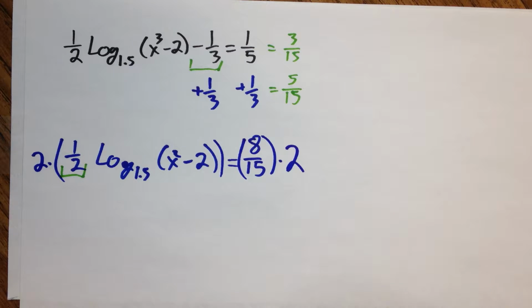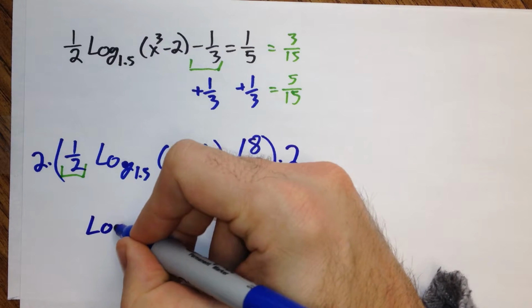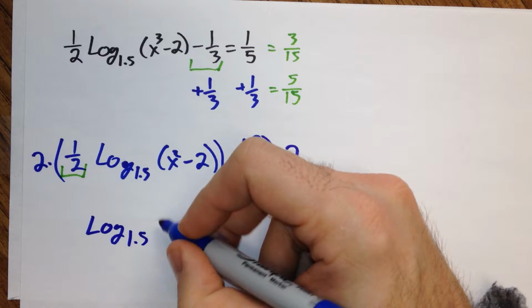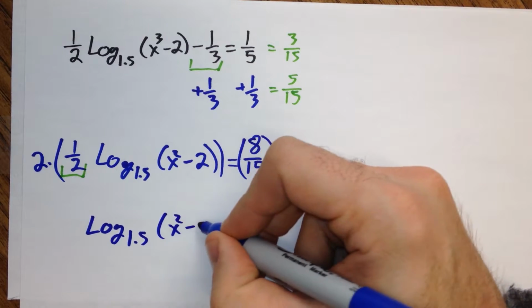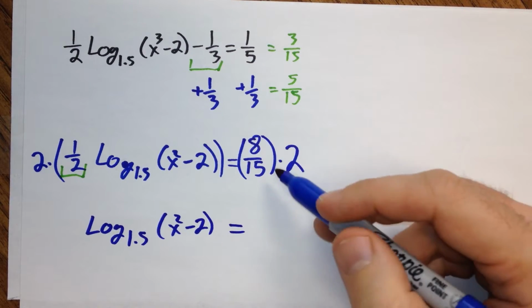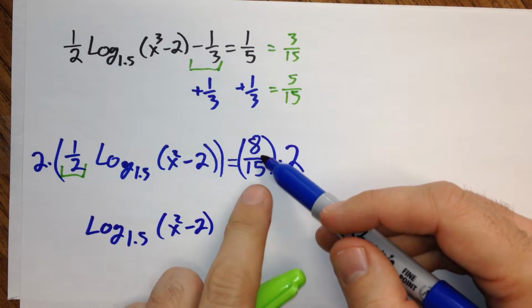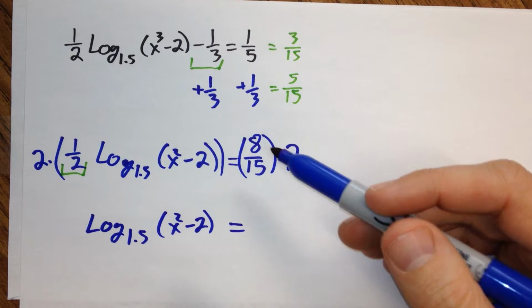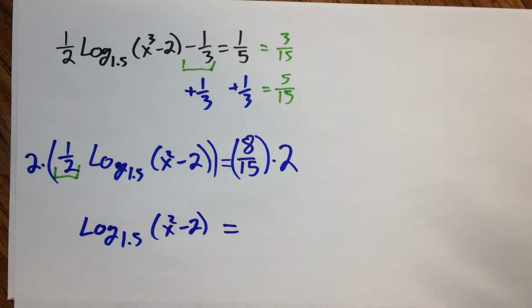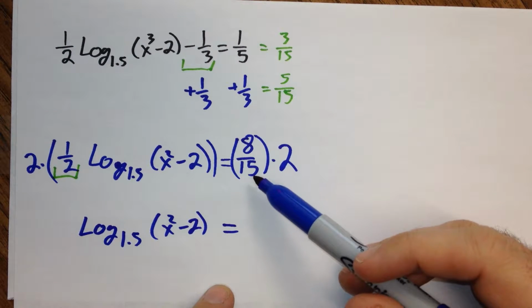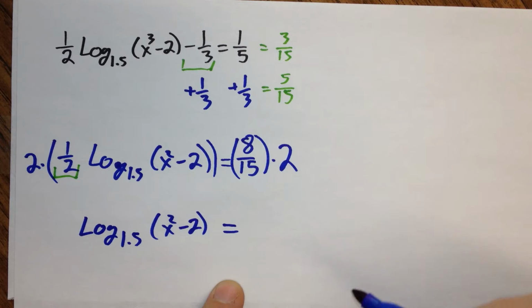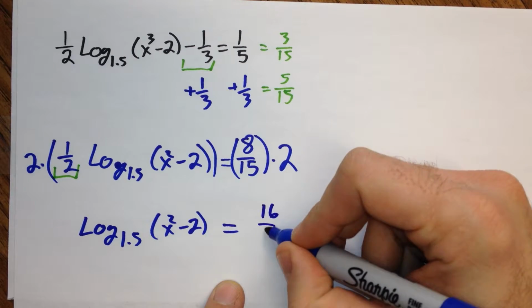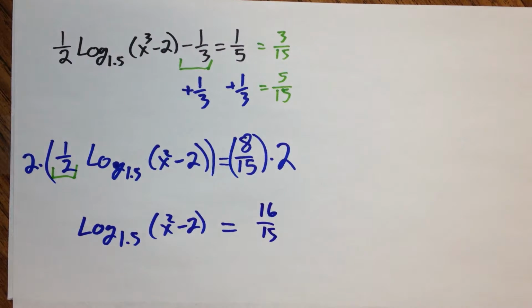So I'm going to multiply by 2, and that's going to give me log base 1.5 of x squared minus 2 is going to equal, now I have 8/15, but I multiplied by 2, so that means I multiplied the numerator, because the 15ths just tell us what the size are of all the pieces. I have 2 of those collections, so I now have 16/15 altogether. So I had 8/15, I multiplied by 2, I now have 16/15.